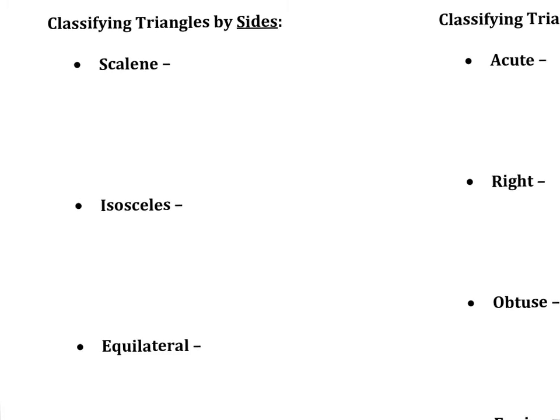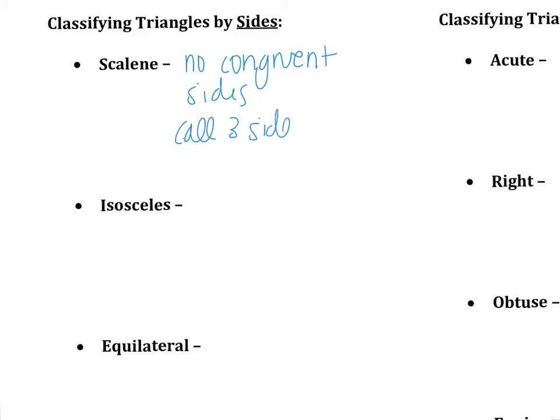So, here we go. Classifying by sides. A triangle that is scalene has no congruent sides. So in other words, all three sides are different. Different lengths, that is.